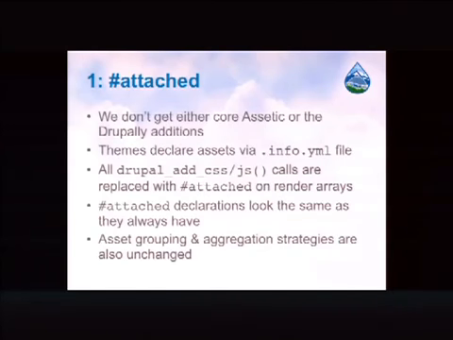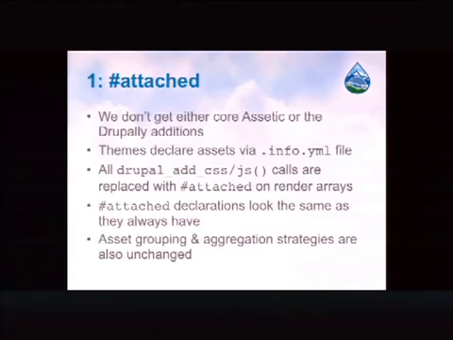I'm not really sure how we would do that if we don't have it as part of the base system. But themes are still declaring their assets via .info and now .info.yaml file. Everywhere that we call Drupal add CSS or JS, that ends up being replaced with attached on a render array. But attached declarations look the same as they always have. They don't change at all. And our asset grouping and aggregation strategies are also pretty much unchanged.